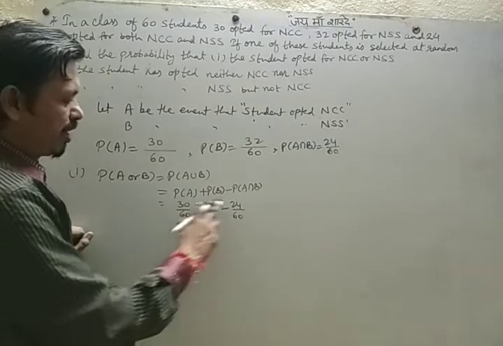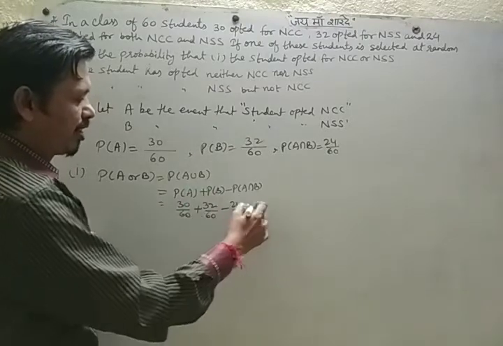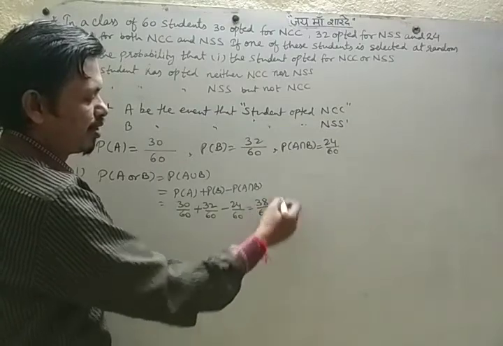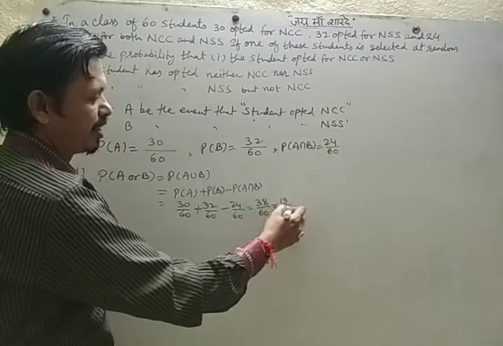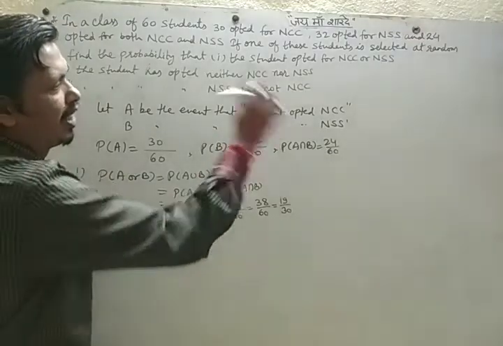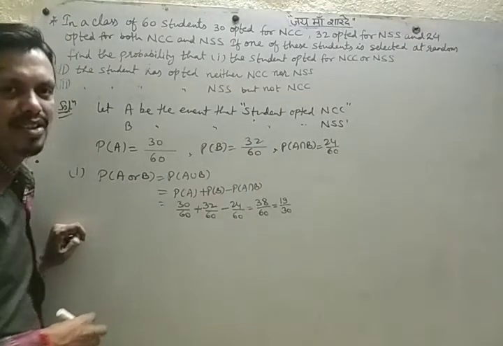So 30 minus 24 is 6, plus 32 is 38 upon 60. So 19 by 30 is the probability that the student opted NCC or NSS.